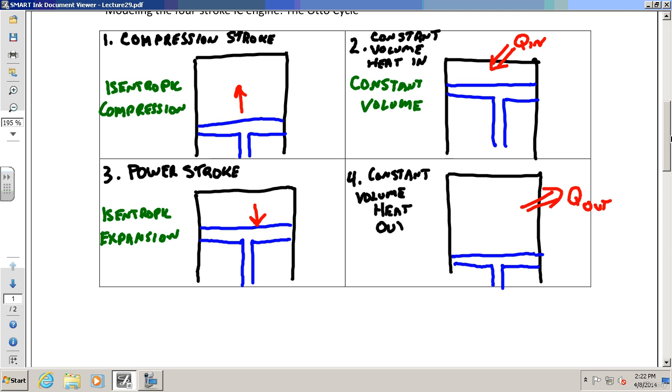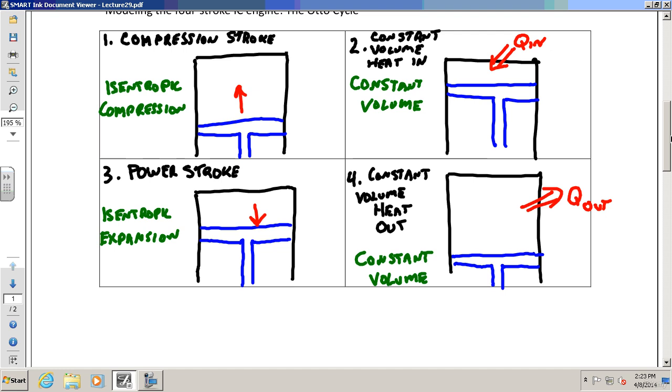Again, the assumption that we're making here is constant volume.